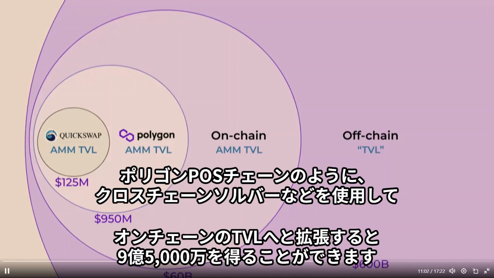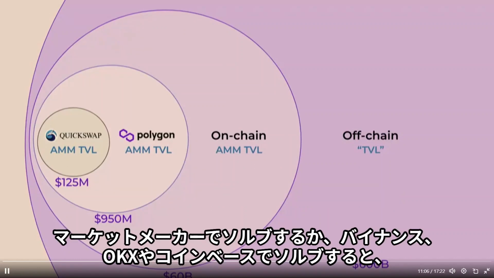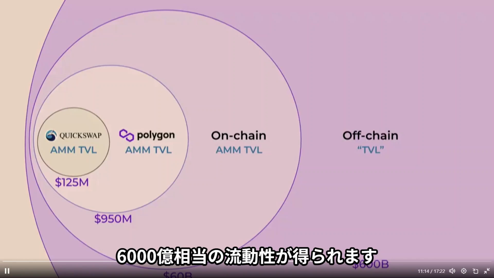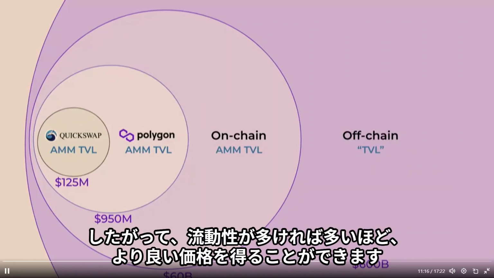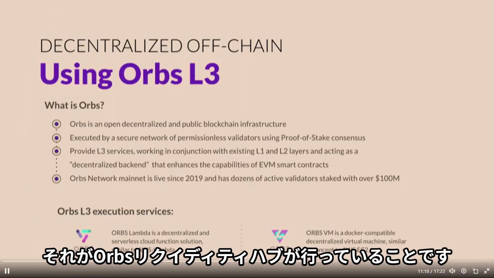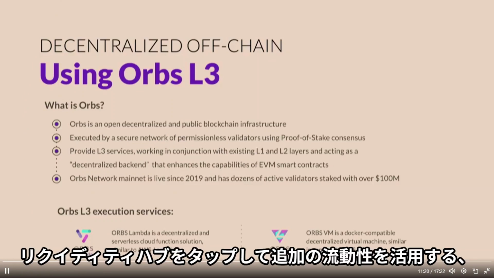Once I expand to all of on-chain TVL with cross-chain solvers, etc., I can get like 60 billion. And if I have off-chain solving, with market makers who are solving against Binance or OKX or Coinbase, I can get 600 billion worth of liquidity. So the more liquidity, the better the price you can get. And that's essentially what we're doing with Liquidity Hub, tapping into that additional liquidity.